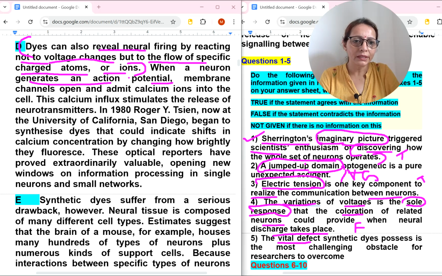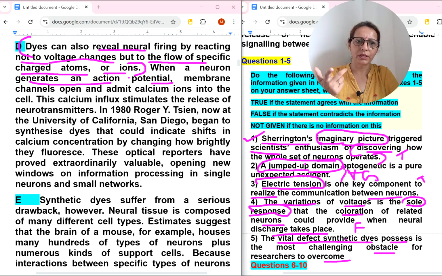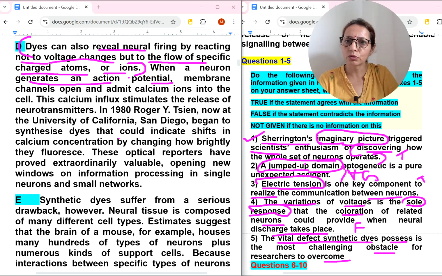Now the fifth: the vital defect synthetic dyes possess is the most challenging obstacle for researchers to overcome. Synthetic dyes, here it is.